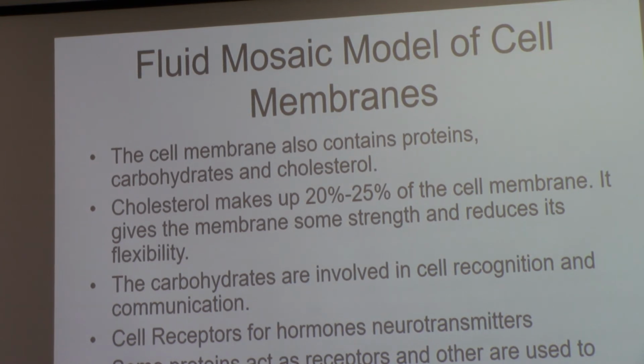Even the coronavirus has a cell receptor that it attaches to. So there's something on the outside of your cell that this coronavirus recognizes, a cell receptor, and when it latches onto that, it enters the cell and makes more of itself.